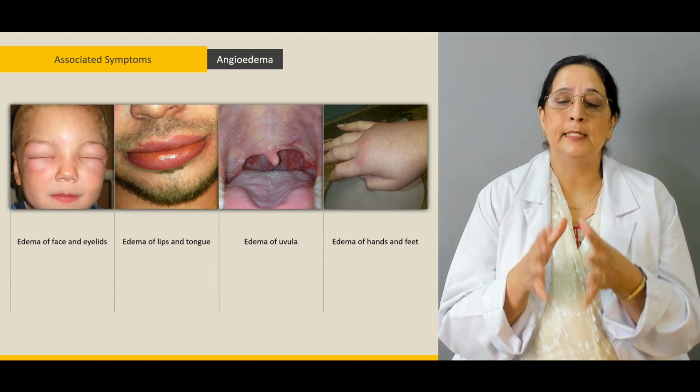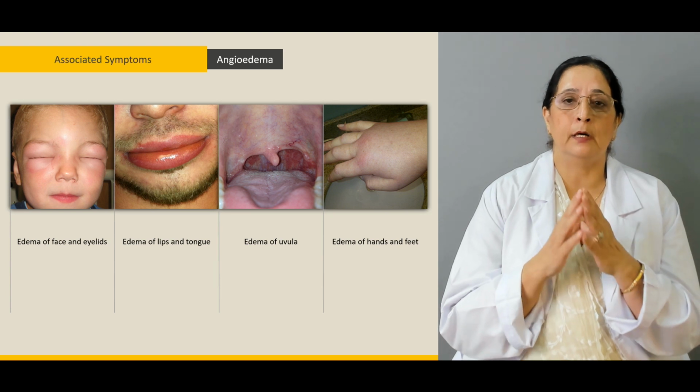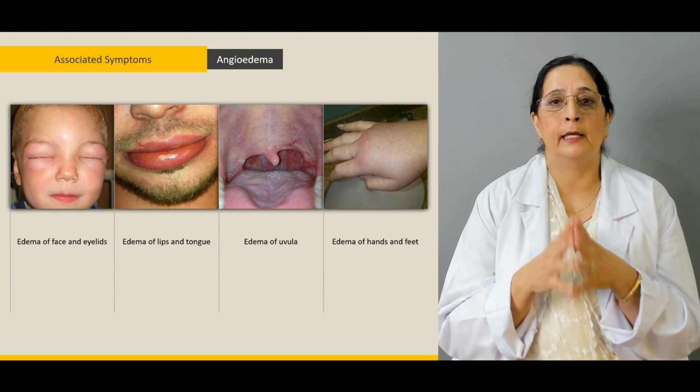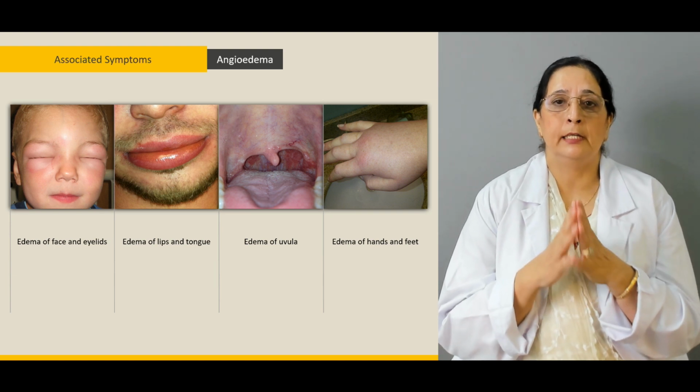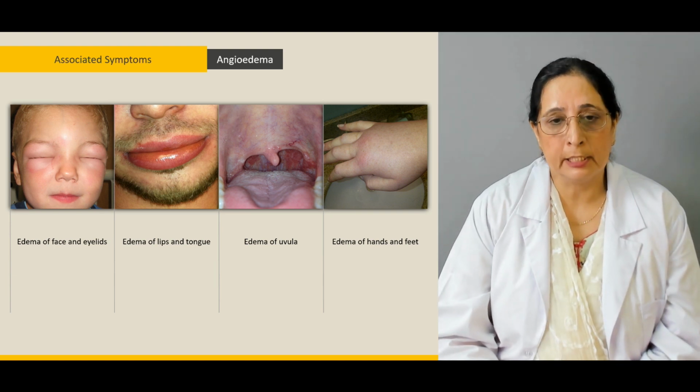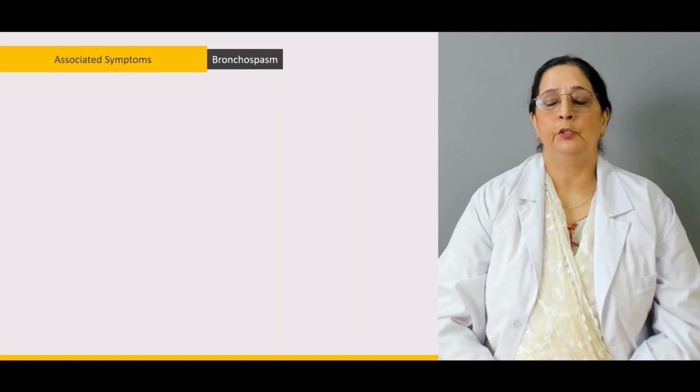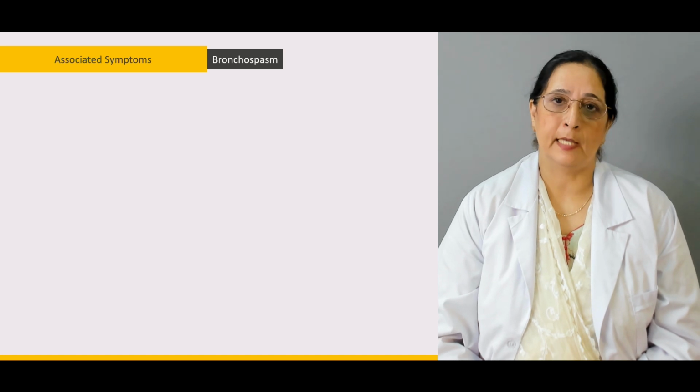We already discussed that angioedema can occur as a result of anaphylaxis, and it can cause all these different changes. The next condition we will talk about is bronchospasm.